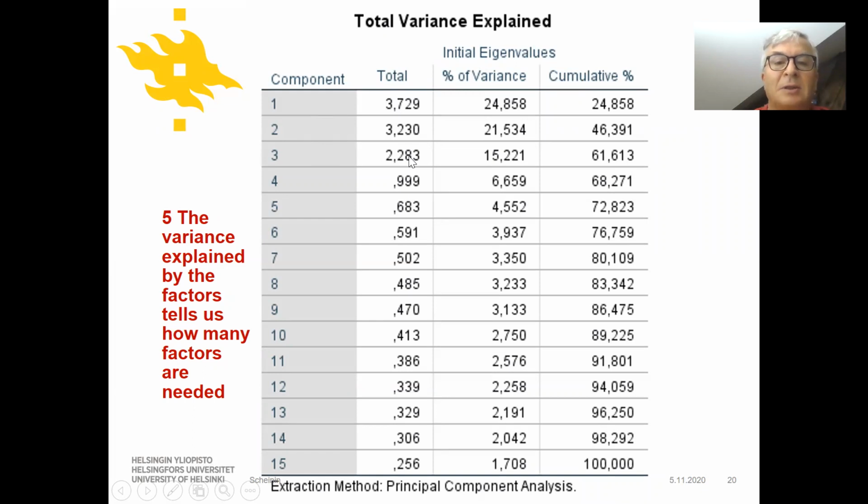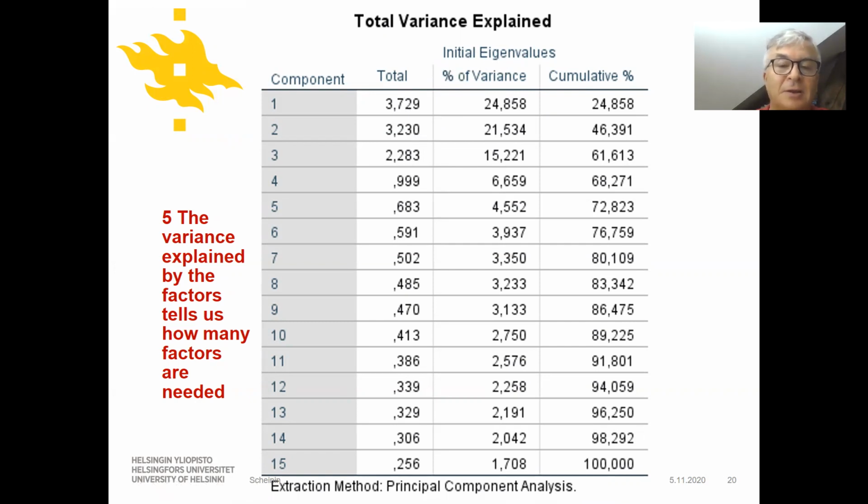An easy way would be to look at the eigenvalue, which is how much of the variance is explained by each component.